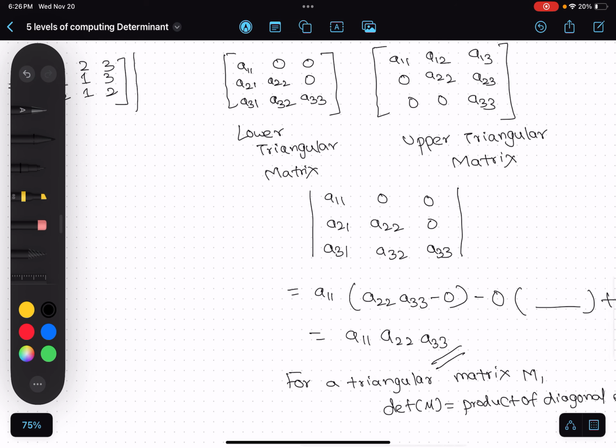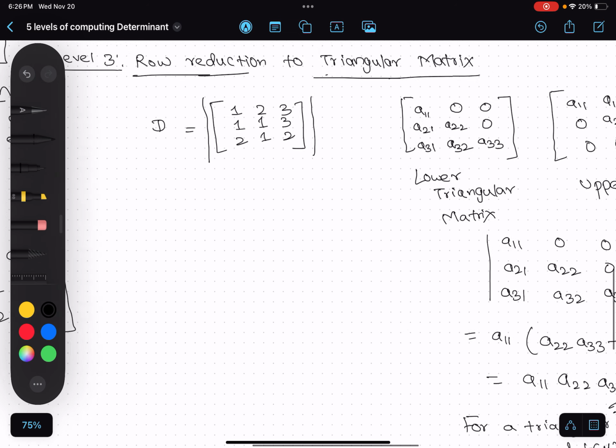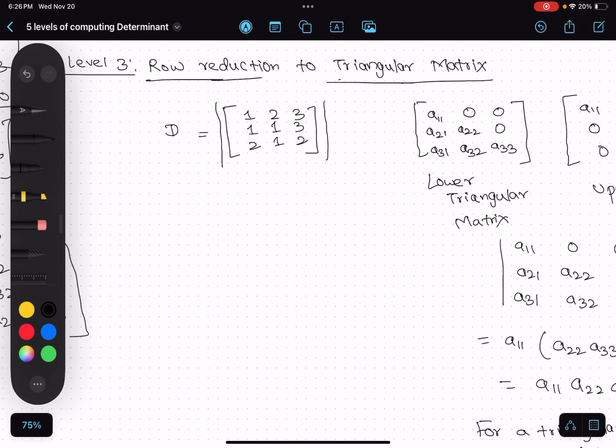Once it becomes triangular, it's easy to calculate the determinant: just take the product of the diagonal elements.